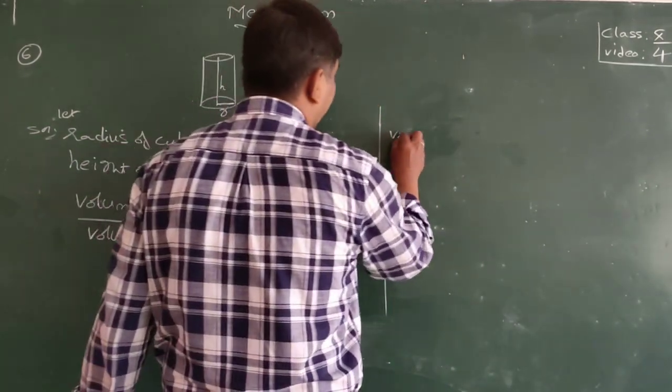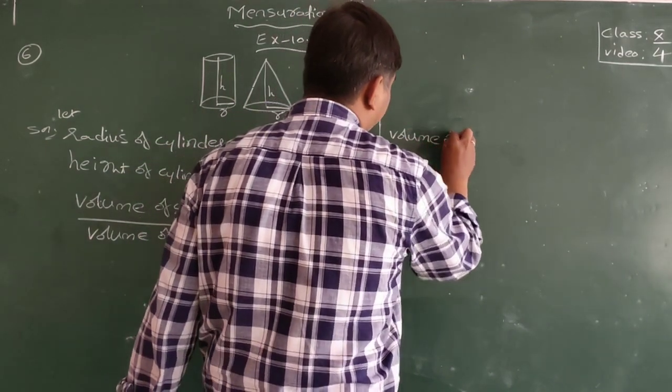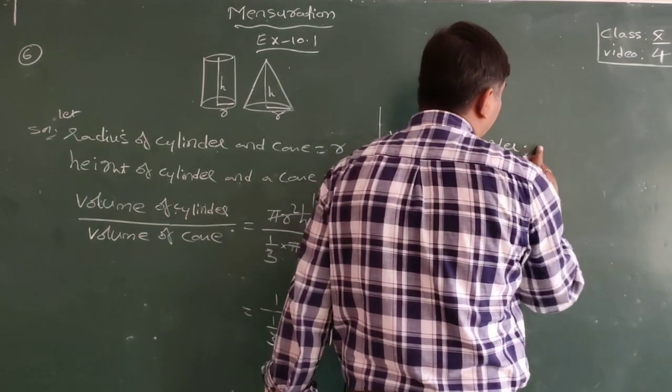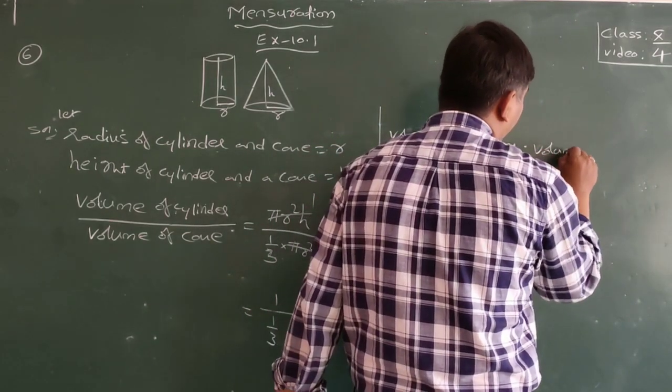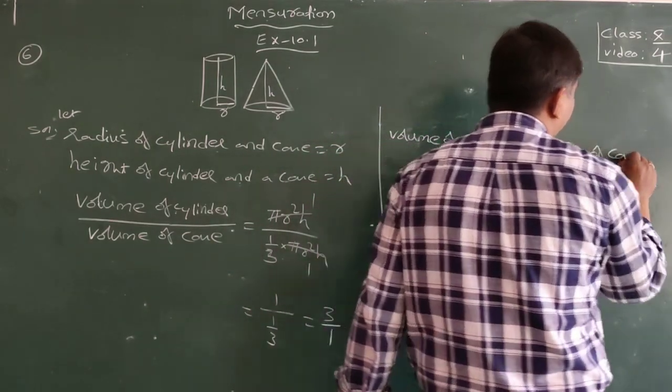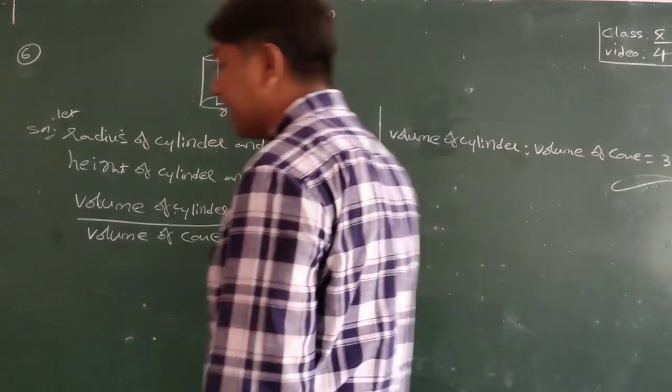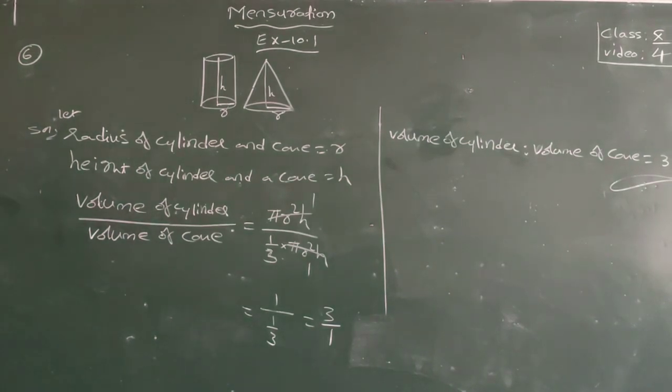If I write it as a ratio, that is 3 by 1. Therefore, volume of cylinder is to volume of cone is equal to 3 by 1, means 3:1.